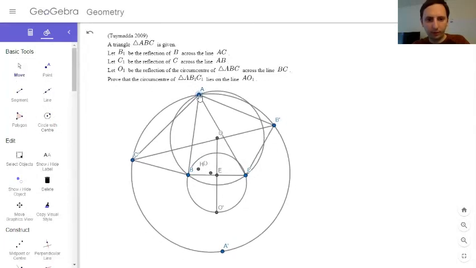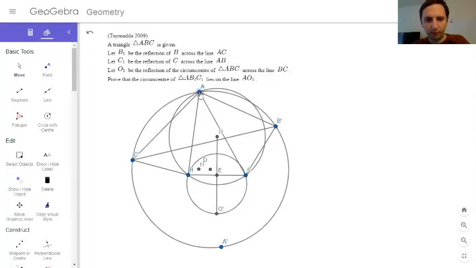And when you reflect the orthocenter over the side, it lies on the circumcircle.